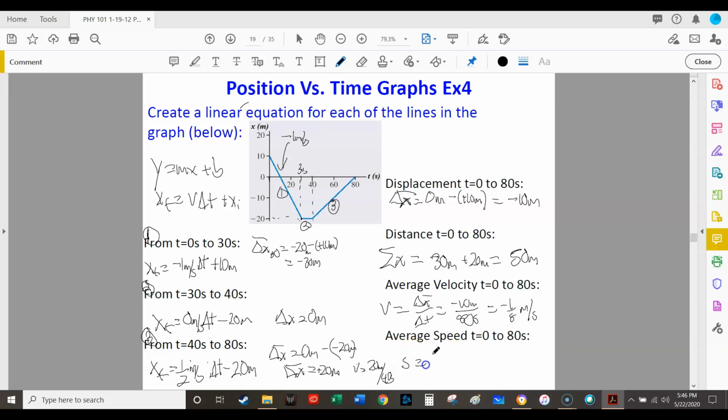Your speed is going to be your total distance traveled over time, and I'm going to use an S for speed. V is velocity, it's a vector, which is 50 meters over the period of that 80 seconds. So this is going to be 5/8 of a meter per second. 5/8 of a meter per 1 second. Okay?